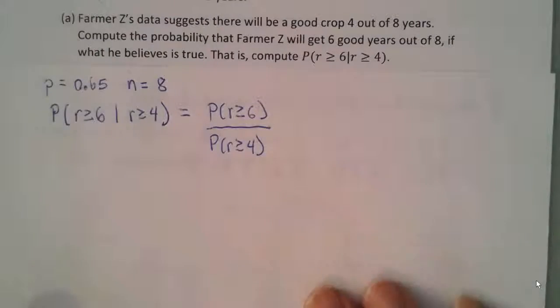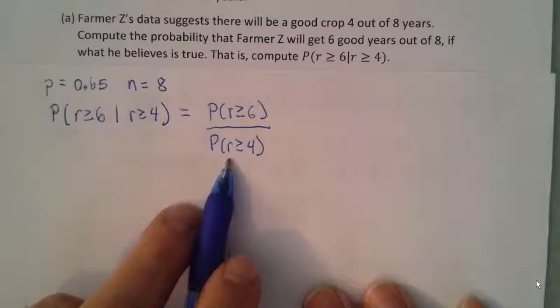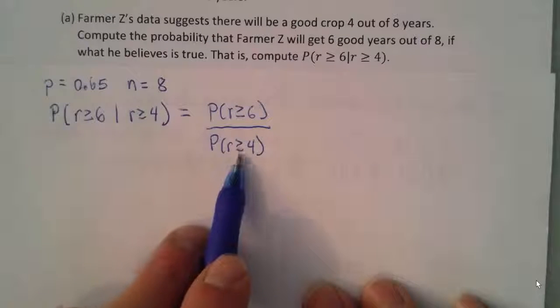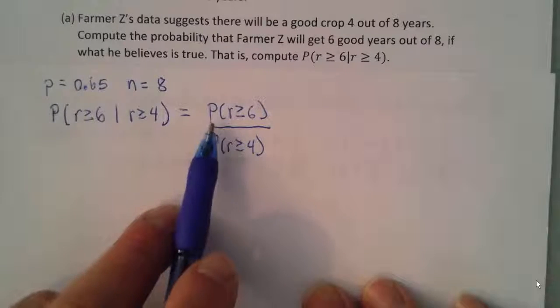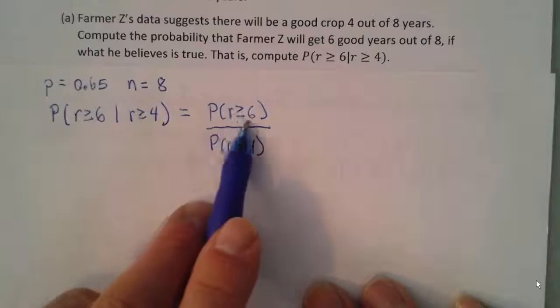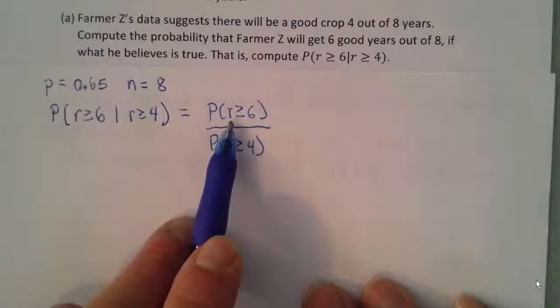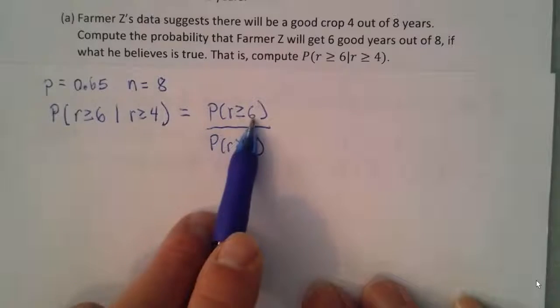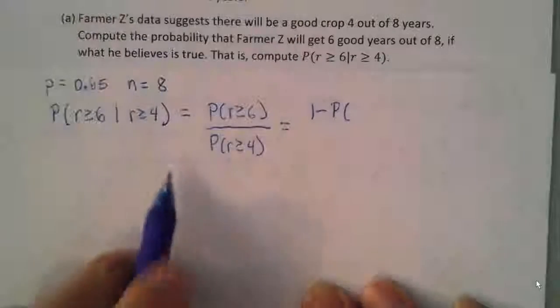Now, it would be great to just type this into the calculator directly, but we can't. These are greater than or equal to inequalities, and we have the binomial PDF, which would get us an equality, and we have a binomial CDF that will get us a less than or equal to. Well, we do these by complements then. That's 1 minus the probability. Okay, so we got 8 years.